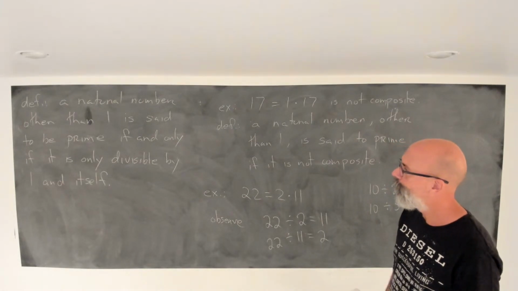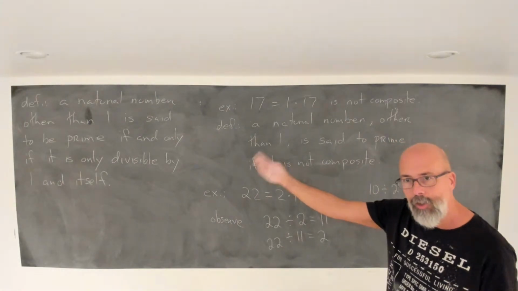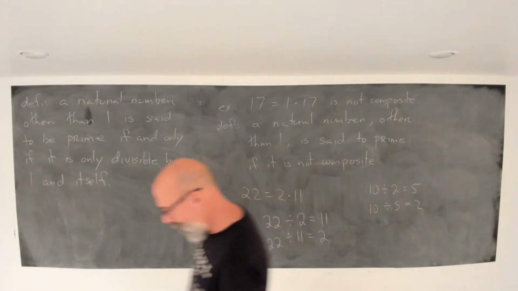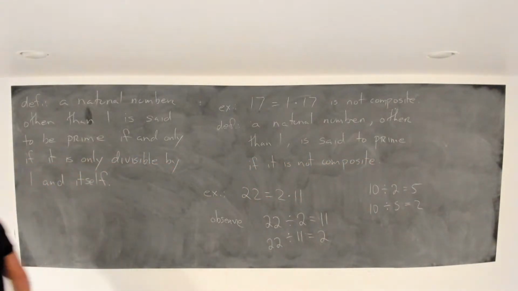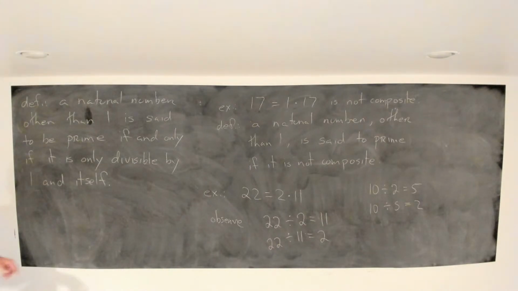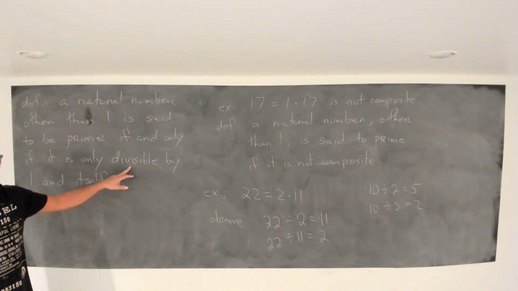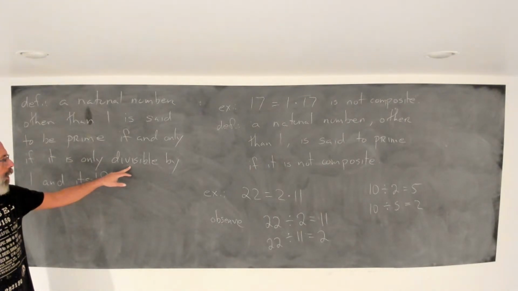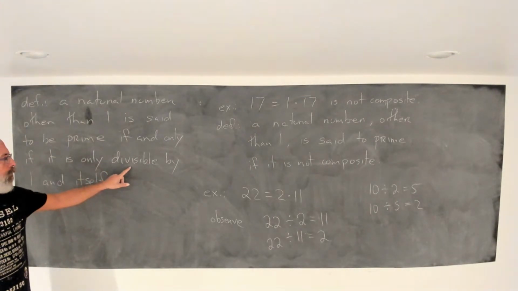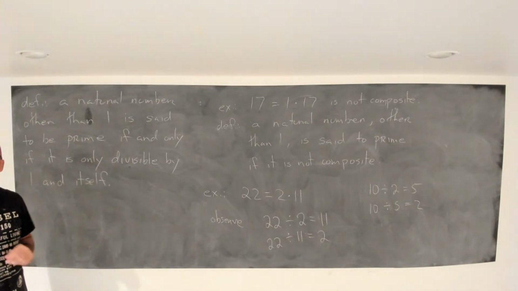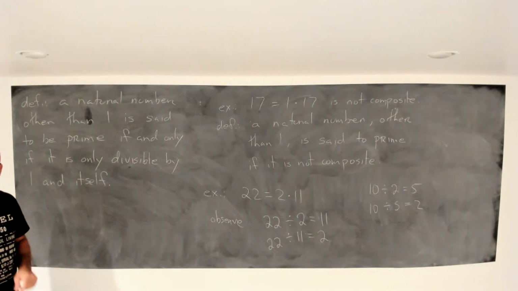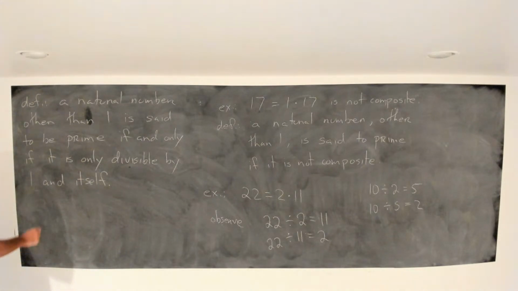And again, this is perhaps the definition you remember. Let me take a moment to discuss the divisibility condition here. When we say divisible, we of course mean that the quotient should be in the natural numbers, right? I mean, you're thinking to yourself, 3 is divisible by 2, right?